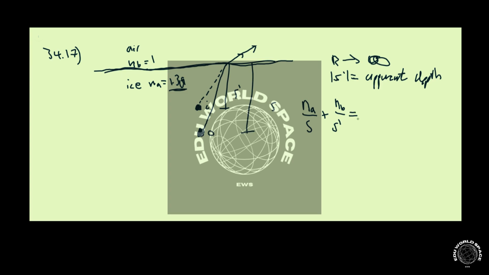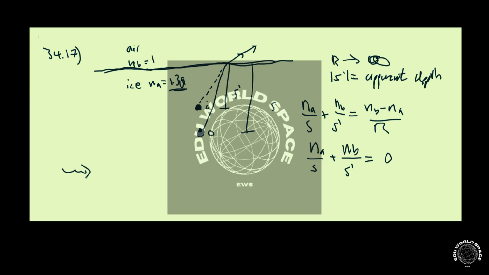And this equals the difference in index of refractions over R. Okay, so we already know R is going to infinity, and we know we want to find the magnitude of S prime. So we can simplify this a little bit. If R is infinity, that means the right side of the equation is just 0.